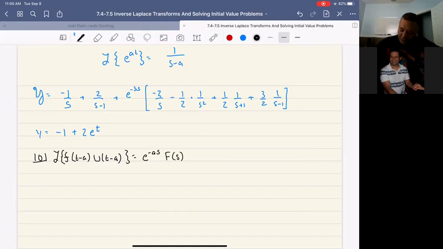The u of t minus a is a step function. This is 1 if t is bigger than or equal to a, and 0 if t is less than a. Wherever you have the greater than or equal to, the equal to sign doesn't really matter. It's basically considered the same function.